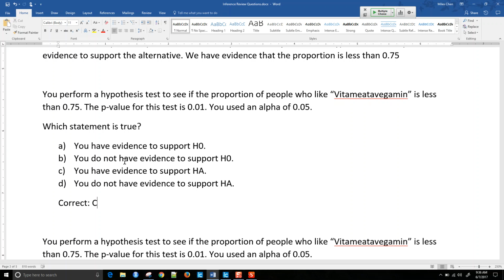That's not how the thing works, if that makes sense, okay? So while this might be true, I'm trying to figure out how to articulate this properly, but we don't use the evidence to support the null, if that makes sense, okay?